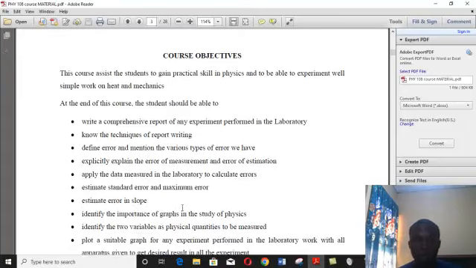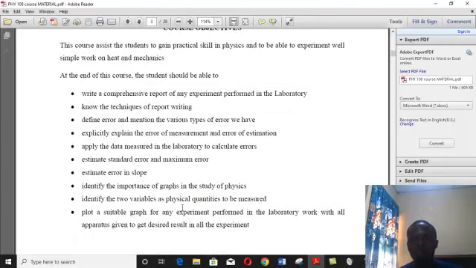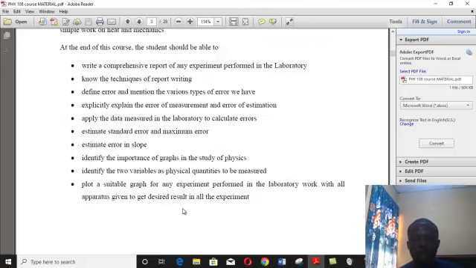At the end of this course, we should be able to write a comprehensive report, know the techniques of report writing, define errors and mention different types of errors, error measurements, estimate errors in slopes, identify the importance of graphs in the study of physics, particularly to the experiments that we'll be going through, identify the variables or the physical quantities or the parameters that are measured, and then plot suitable graphs for any experiments that you've performed.